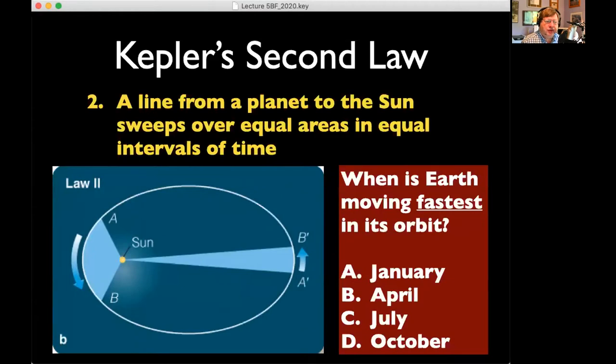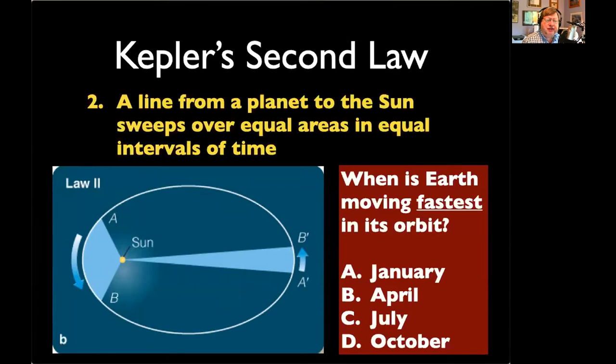So, question for you: when is the Earth moving fastest in its orbit? Let me bring up that poll. We haven't really talked about this, but I think this is an interesting question. And again, the questions are not graded, but they will help in the discussion.